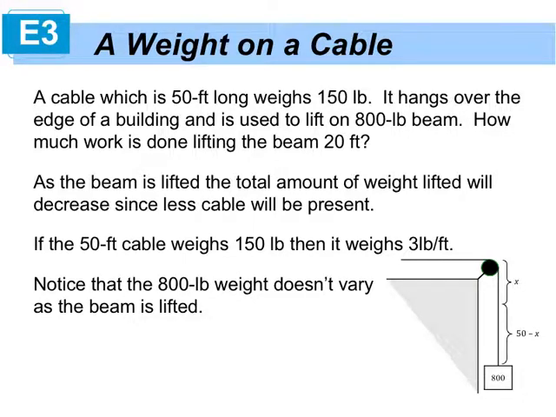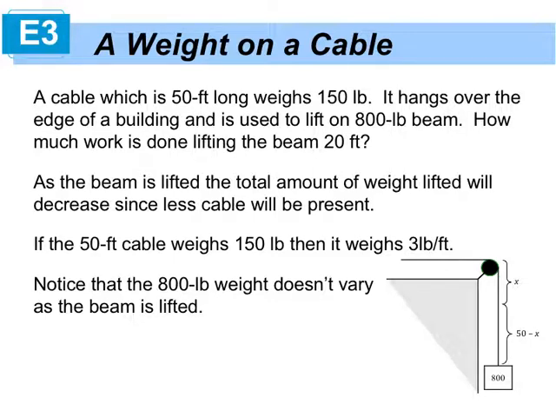Okay. So the question is, how do I set up this integral? Well, we're still going back to the idea of force times distance. What I need to calculate is the weight of the scenario at any given point in time, and I don't really need to calculate the distance. You'll see why in a second. So what doesn't change is that 800 pounds.